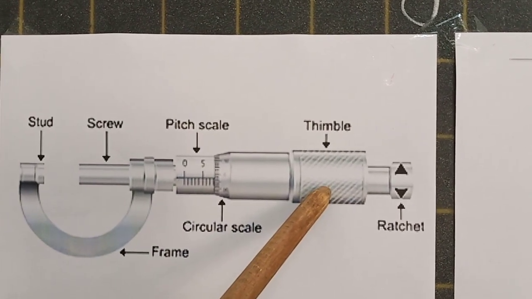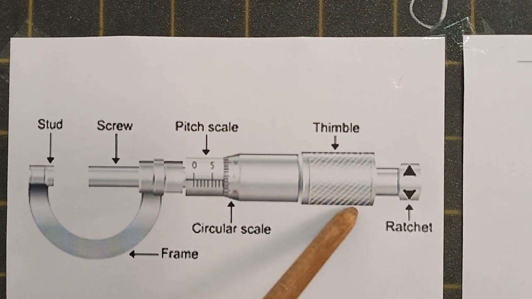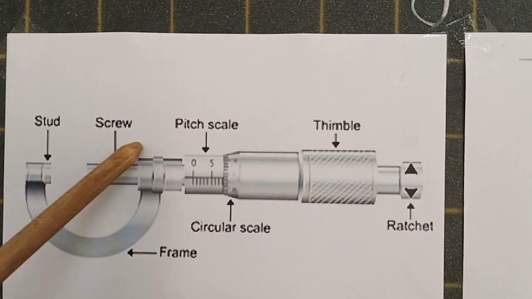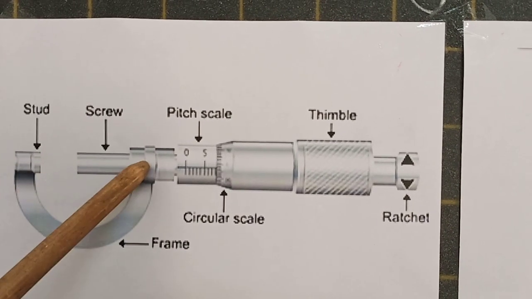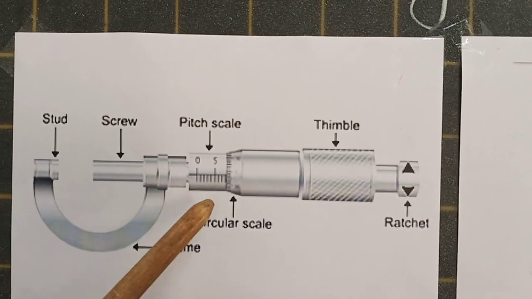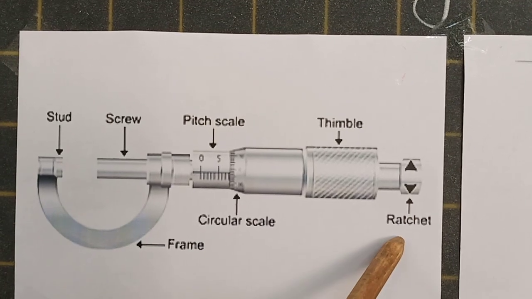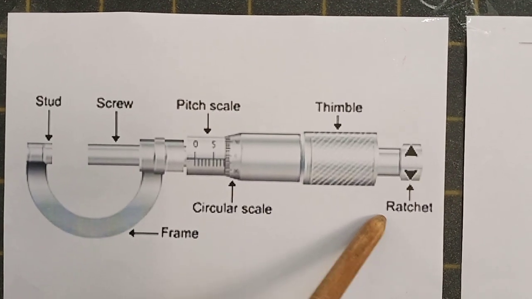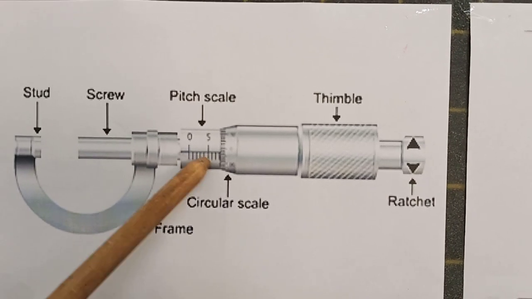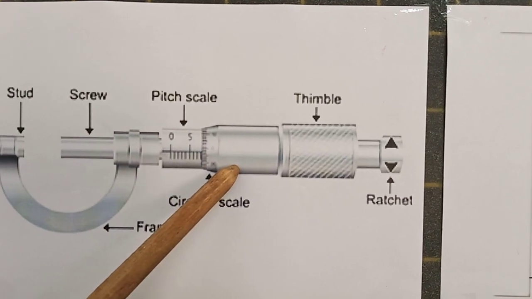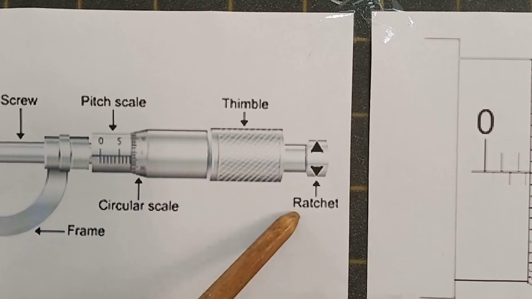As you rotate this thimble, you can see the screw moving back and forth, and this is how we take our readings with the help of the main scale reading, which is the linear scale, and with the help of the circular scale, right? And at the end you can see here a ratchet.